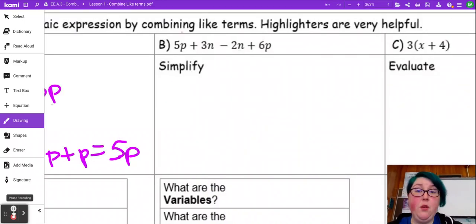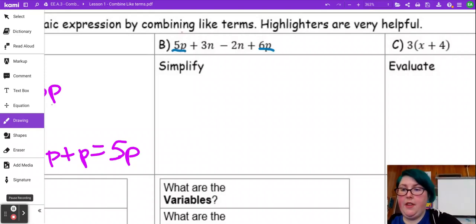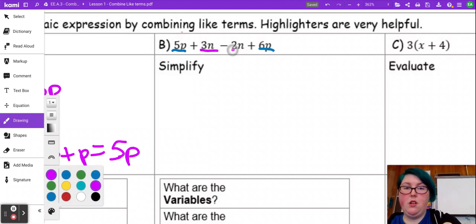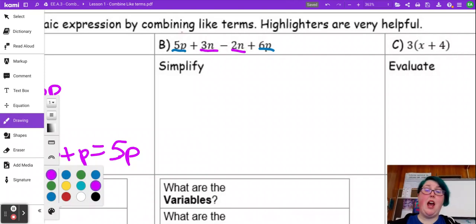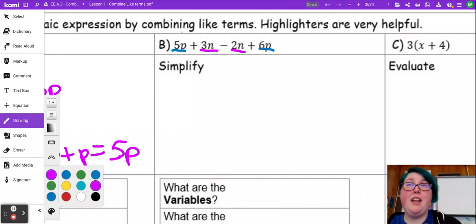So now for b, we have two different variables. We have p over here, and we have n. So what I'm going to do is rewrite this to put the same variables next to each other. Now, when I do this, I have to make sure that I take the sign, whatever it is, from before.